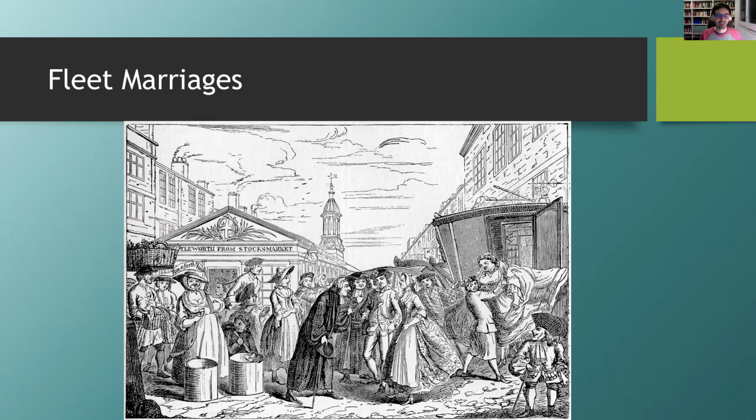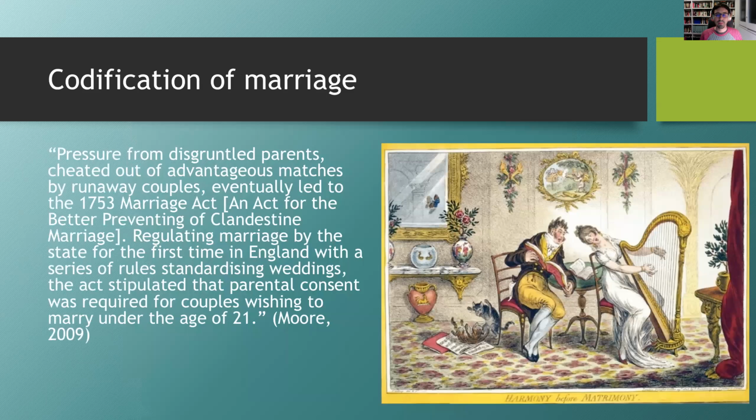And this is a high proportion of the marriages that were happening in London at the time. So that irregularity gave rise to the codification of marriage. And by 1753, pressure from parents who felt that their children were taking away opportunities that could happen from having them marry someone more advantageous, gave some pressure to Congress, to the British Congress, for them to pass the 1753 Marriage Act.